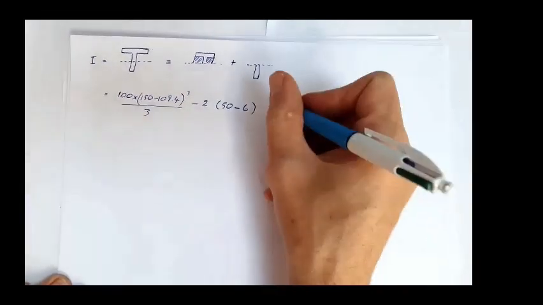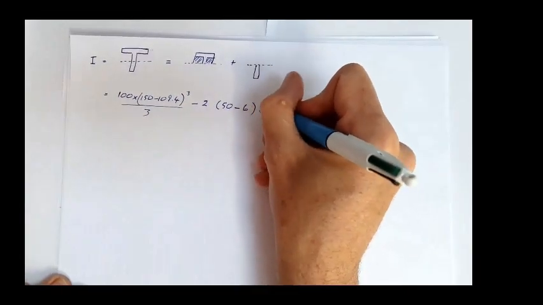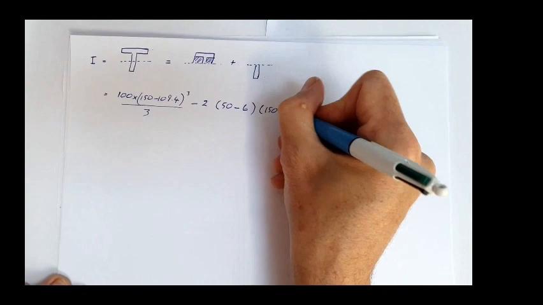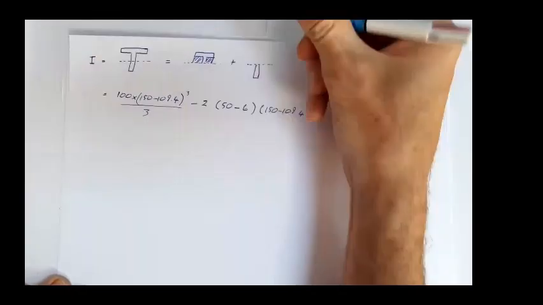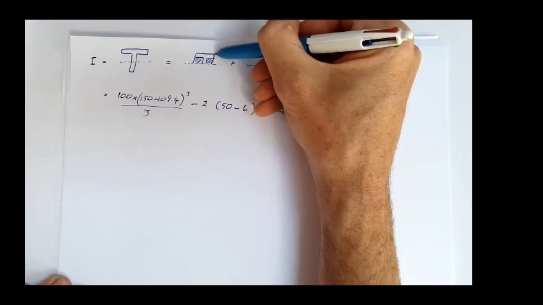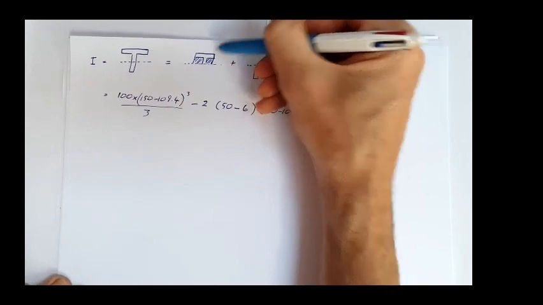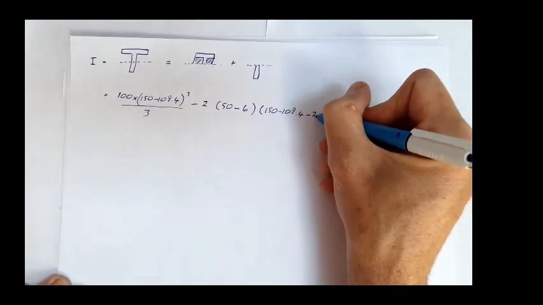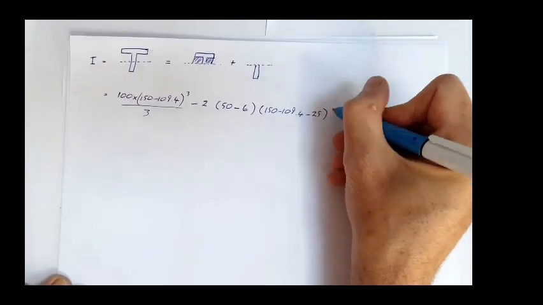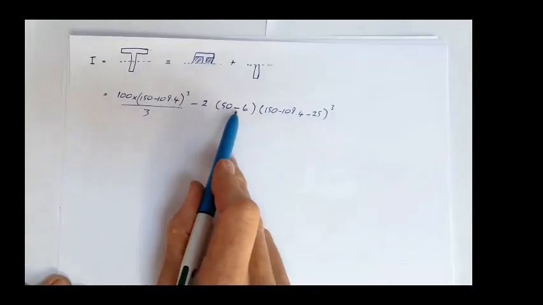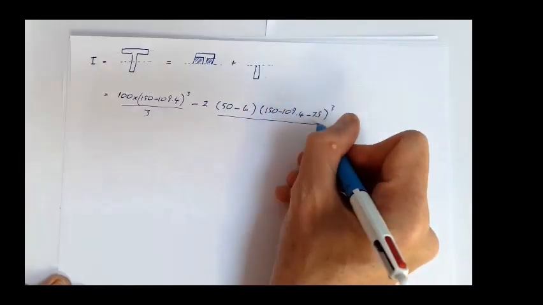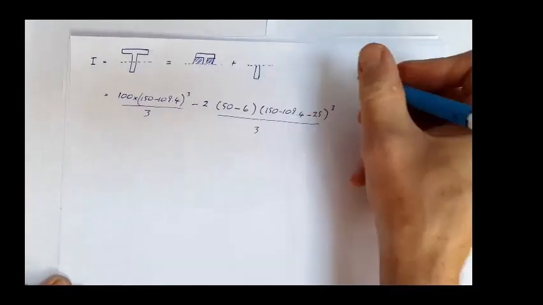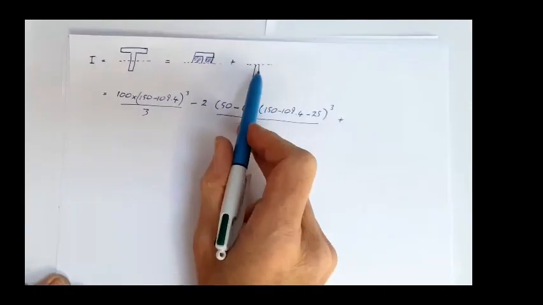And D is going to be 150 minus 109.4 minus this top section here, which is 25 millimeters. So minus 25. So that is B cubed over 3, plus this bit on the bottom here.